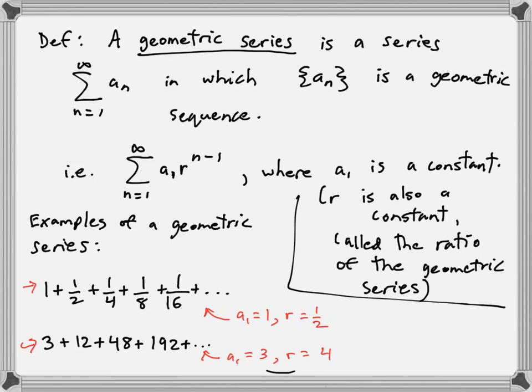Certainly if the ratio is bigger than 1, the numbers get bigger and bigger, and if the ratio is smaller than 1, the numbers get smaller and smaller. But that's just a clue, and we're not sure when it converges and when it diverges. So what we need to determine now is what types of geometric series converge and which ones diverge.